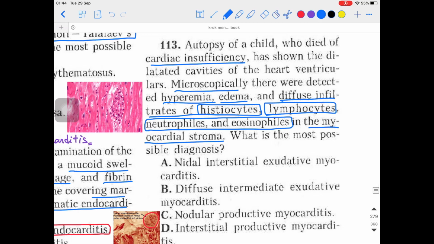So guys, as far as the myocardium is concerned, as they're talking about the myocardium over here, the myocardial stroma, they're talking about rheumatism because of the cardiac insufficiency, and a lot of cells are invading into the myocardium.